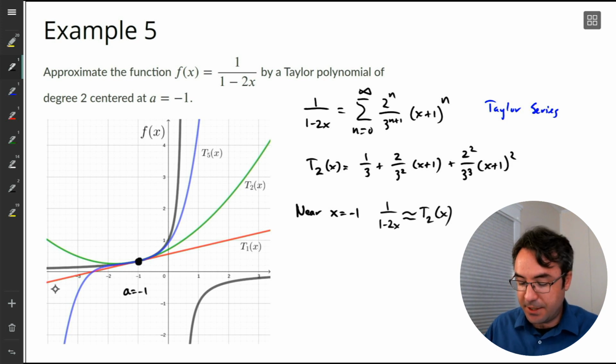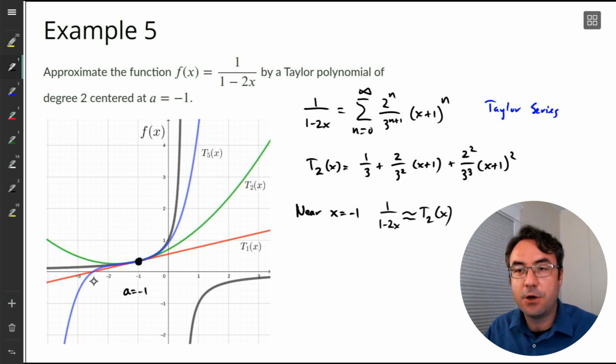You can see we've graphed a few different Taylor polynomials. We have our linear approximation here, T1, and right around a equals -1, that gives us a pretty good approximation of what our function's doing. If you zoom in on that point, you can't really tell the difference between the tangent line and the curve.